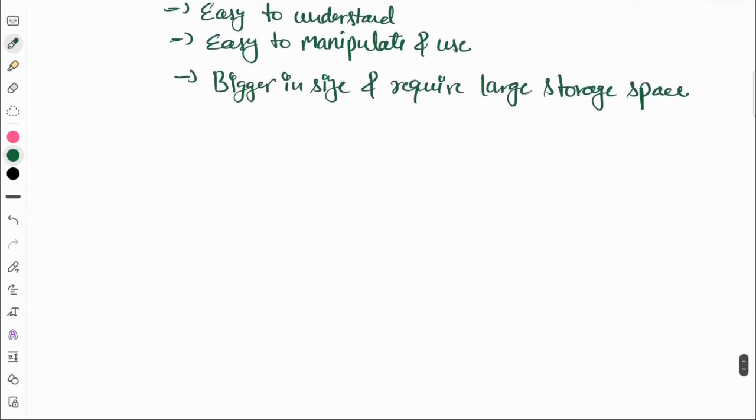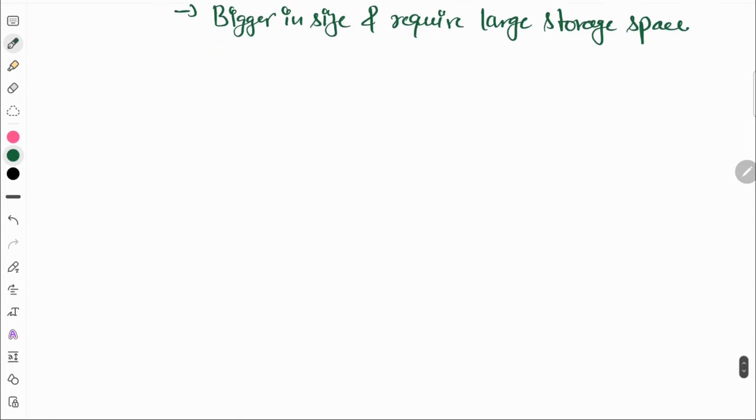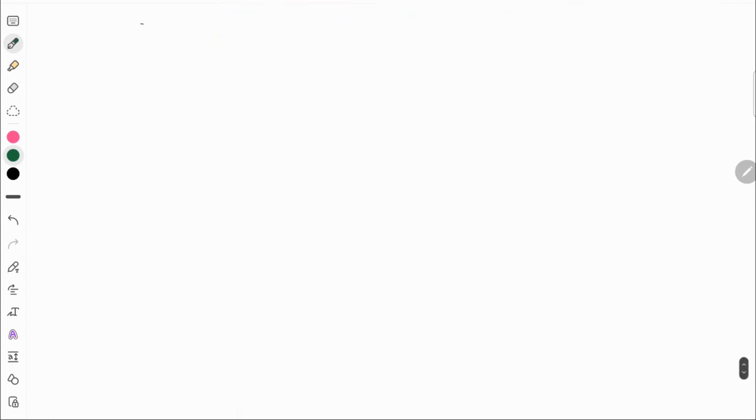Next is computer networking. How does a computer network work? What is a computer network?